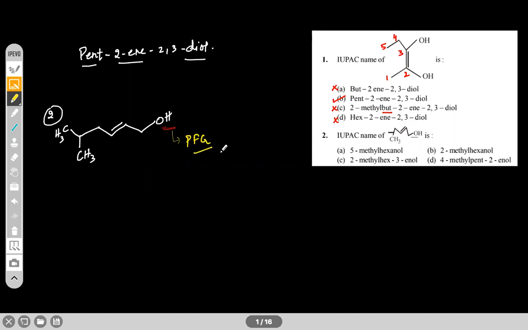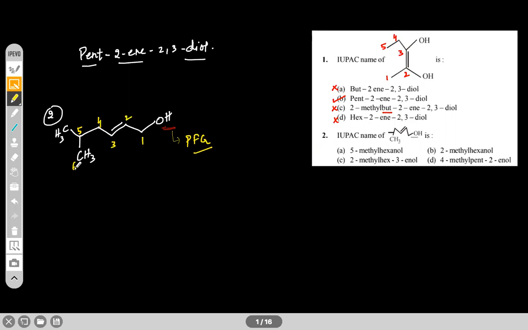So we'll start numbering from this carbon so that we get the least possible number for the hydroxy group. So 1, 2, 3, 4, 5, and then 6. At the fifth position we have a methyl, the root word is hex, and at the second position we have a double bond.